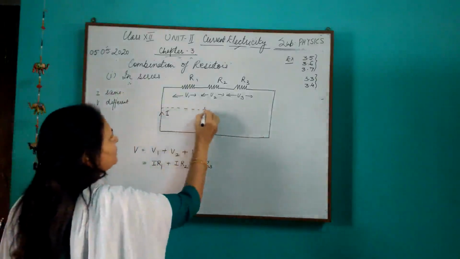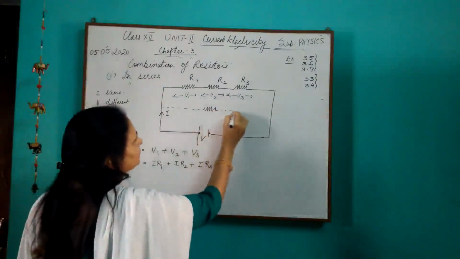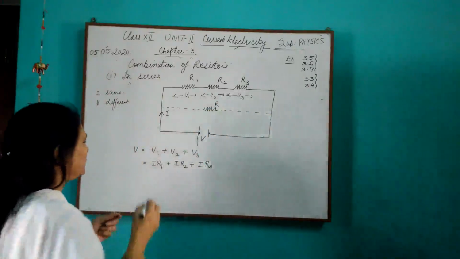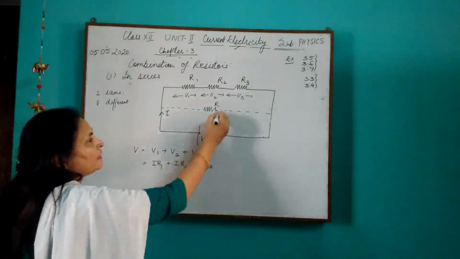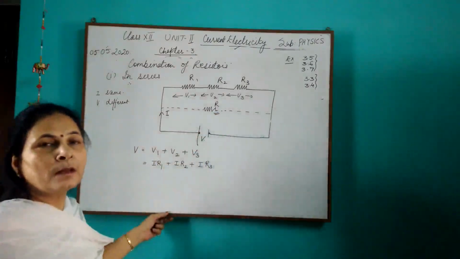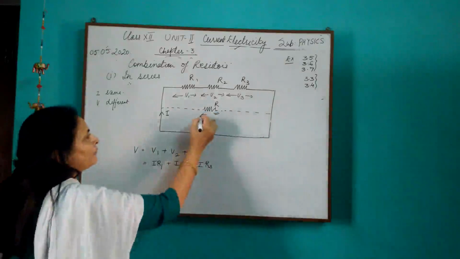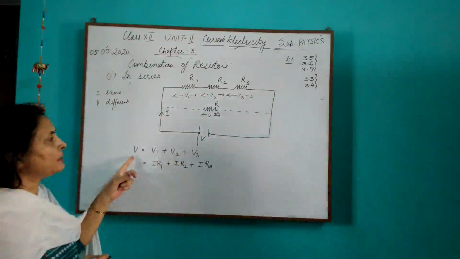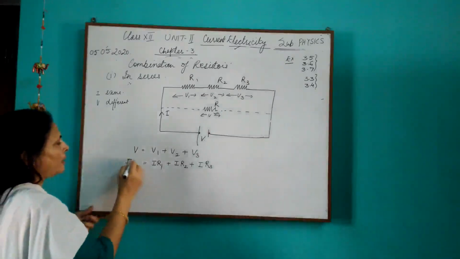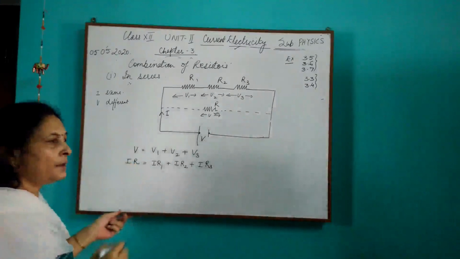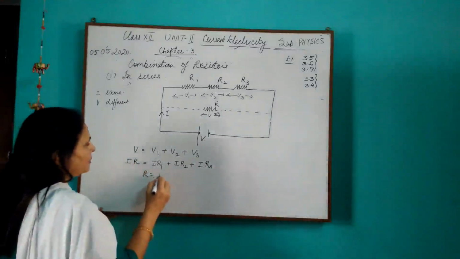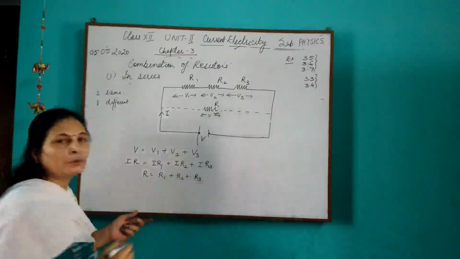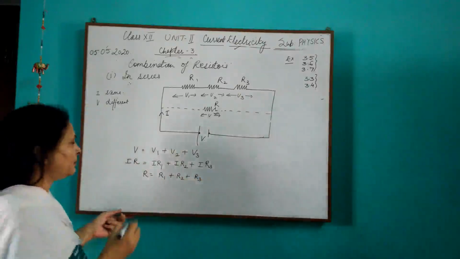So suppose there is only one resistor, say R. In that case, the whole potential will drop across R itself and the current passing through it will be I. So V will be equal to I R. This is going to give me R equals R1 plus R2 plus R3.